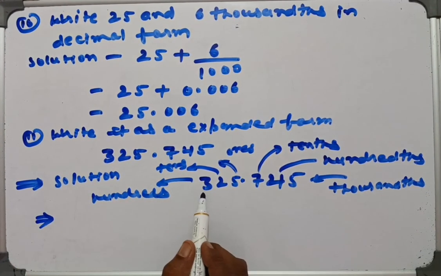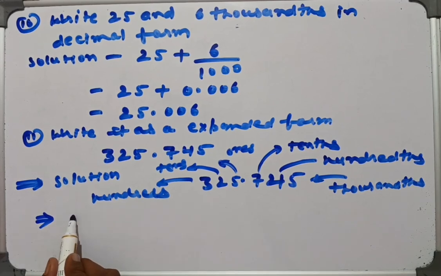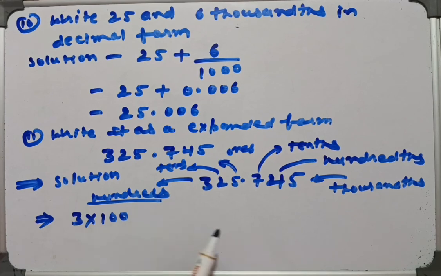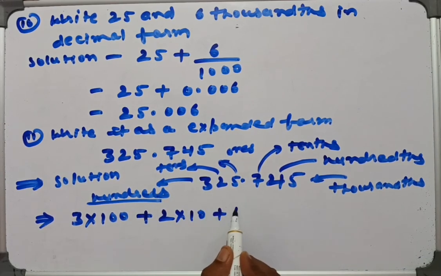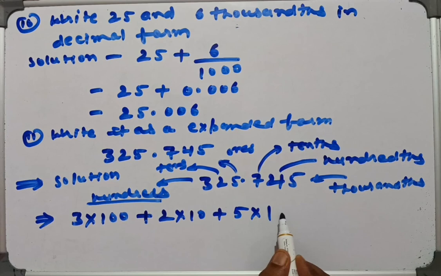So the place value of 3 is 3 into 100, because 3 is in the hundreds place. So I have written 3 multiplied by 100, plus 2 into 10, plus 5 into 1, then plus.